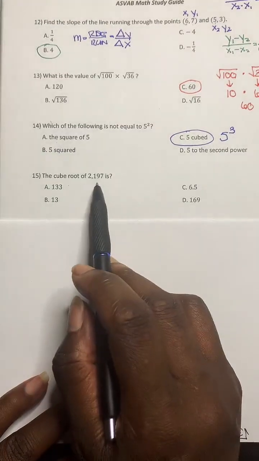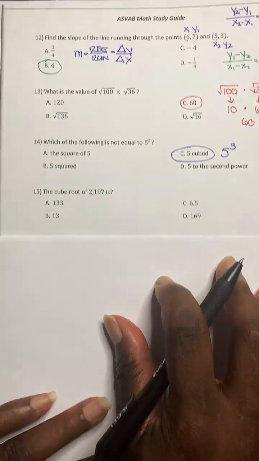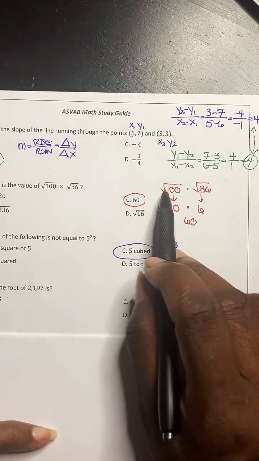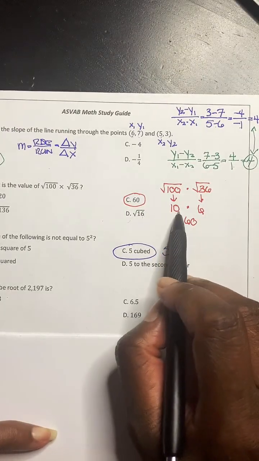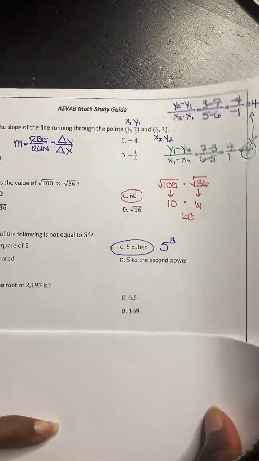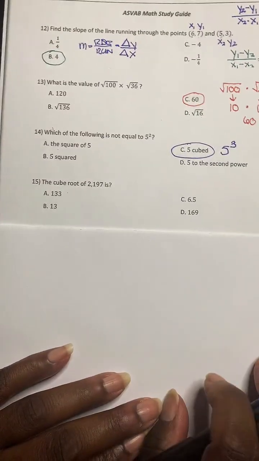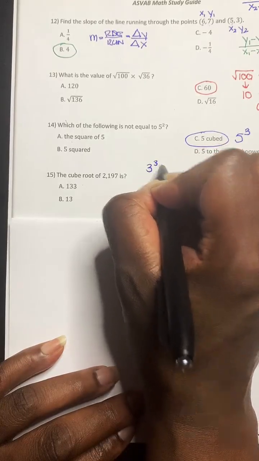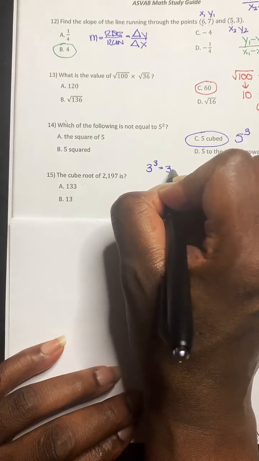All right, so cube roots. Remember we just did square roots up here? The square roots, our perfect square roots, will give us our whole numbers. Squares and square roots are inverses of each other. But when we get to cube roots, cubes is almost like a number that's multiplied by itself 3 times.